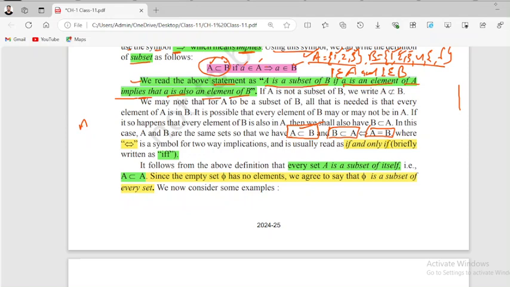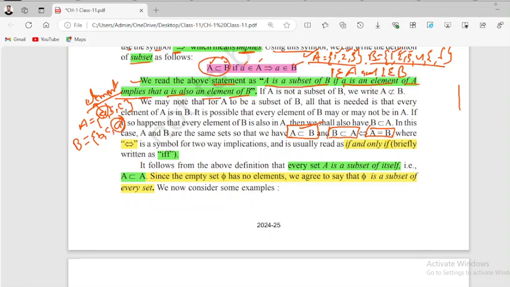If A is the set {a, b, c} and B is the set {b, c, a}, then a is an element of set A, and a is also in set B.